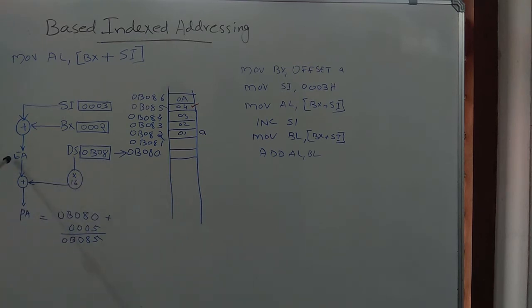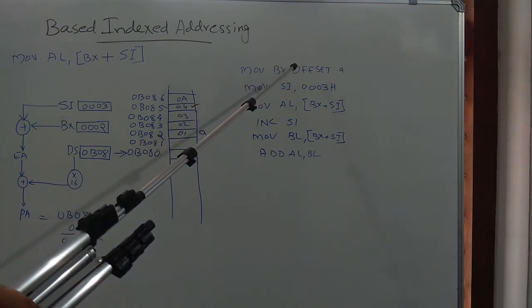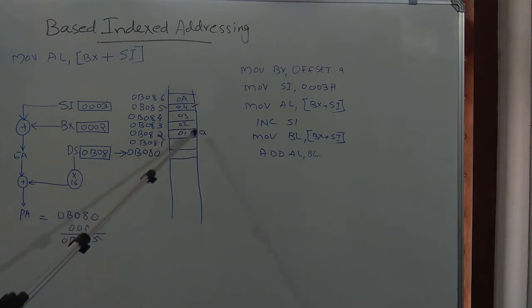Then the effective address is calculated by adding the content of SI plus BX, and the physical address equals the effective address plus DS content into 16. Here you are getting the physical address 0B085, and it is accessing this location. So with MOV BX, OFFSET A, it will store the offset of the variable A in the BX register.